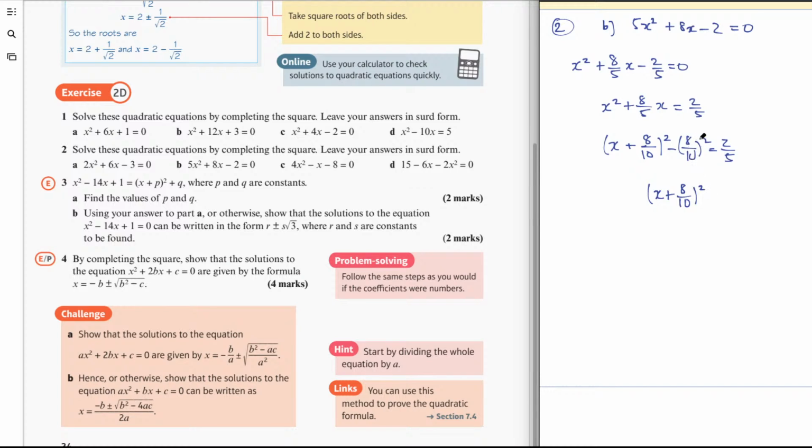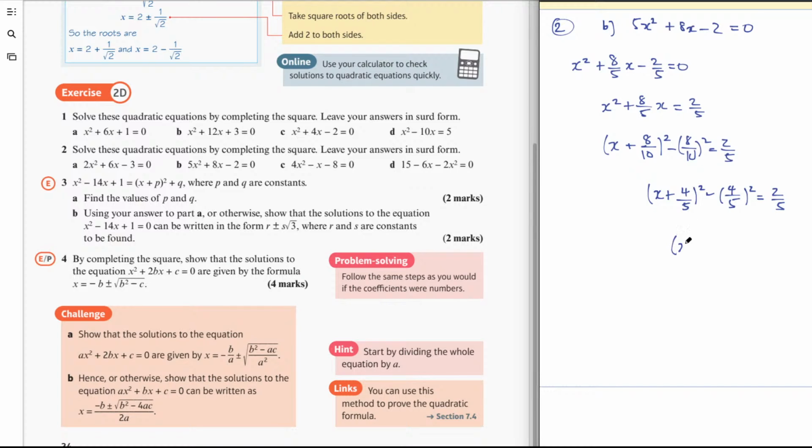Oh, we can simplify that. Rather than writing 8 on 10, we could write 4 on 5. That's going to make it a little bit easier. So then we have take 4 on 5 all squared equal to 2 on 5.